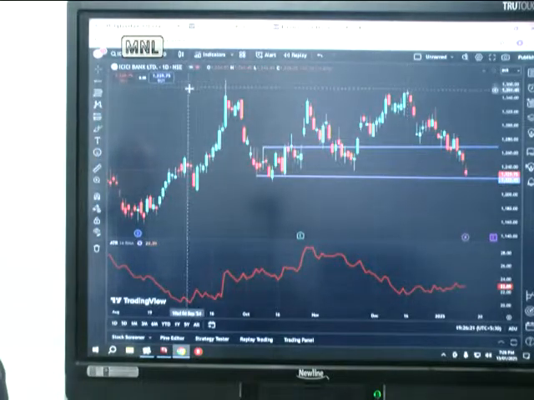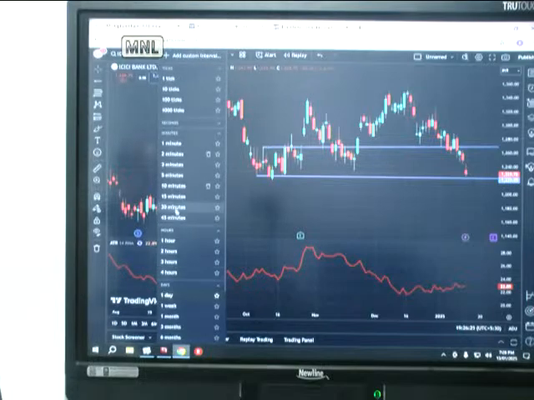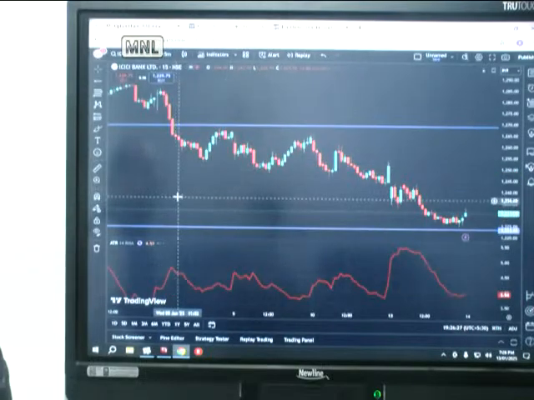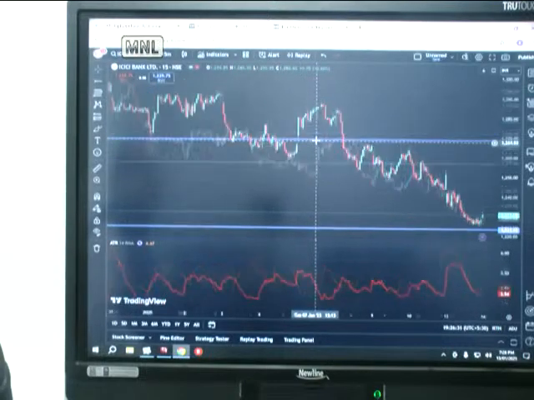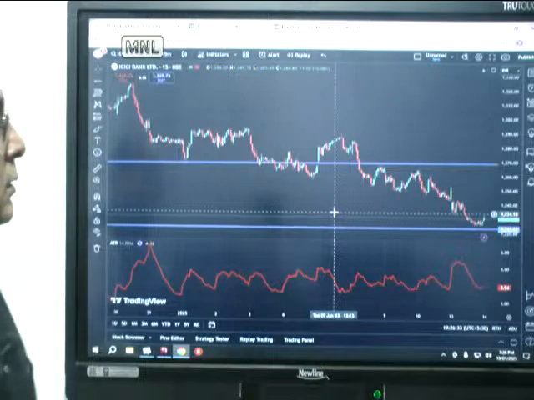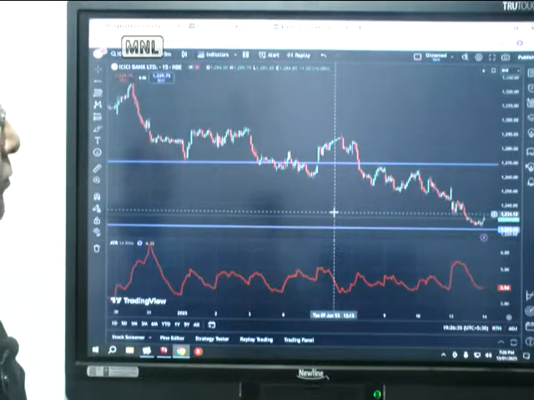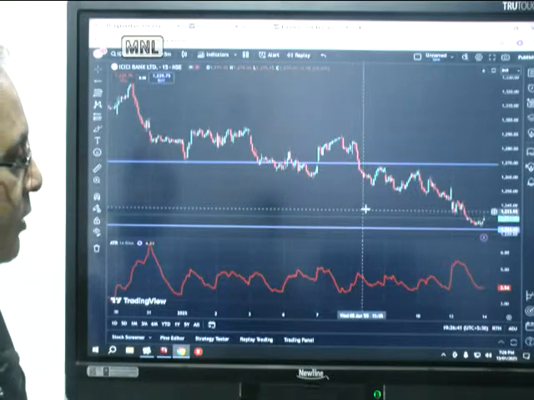And let's look at this from the 15 minute chart. Normally, this volatility can be for a week.